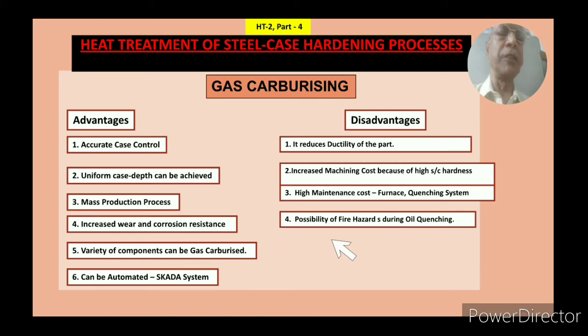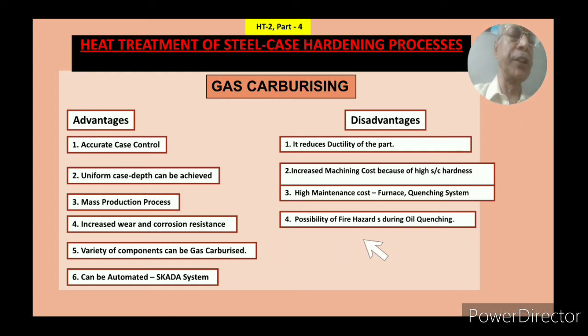This I just now explained, because if you are not maintaining the oil temperature properly, when you are quenching it the oil will catch fire and it will be very hazardous. So in that particular case, to avoid such a thing, you have to put a cover. It's a sliding cover.